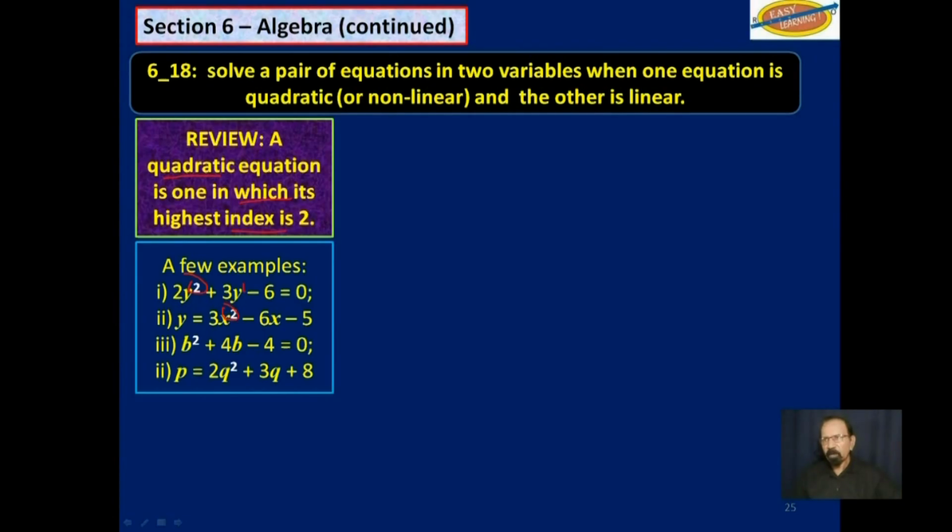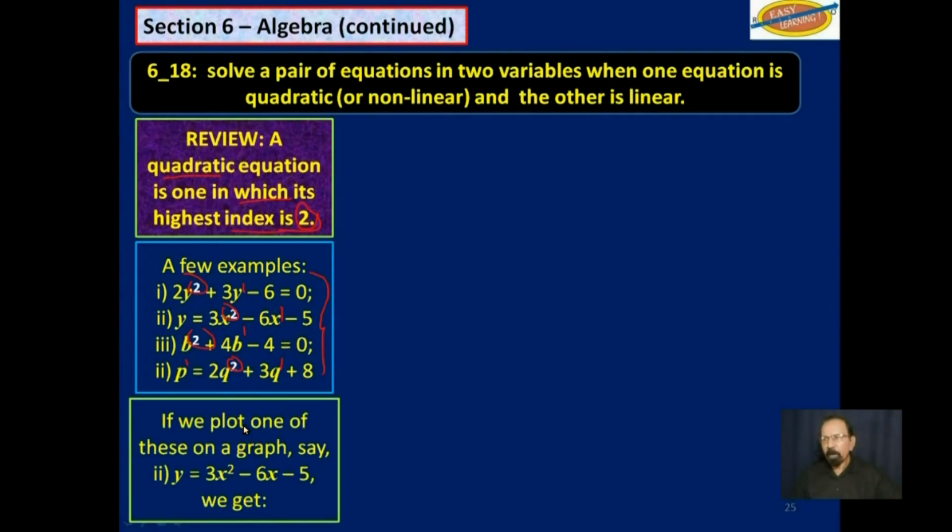Notice there is no higher index here. b squared is equal to 4b, and p is equal to 2q squared plus 3q. Now, if you don't see an index there, it means a 1 is there. So the highest index is 2. That's a quadratic equation. So we have 4 of them here.